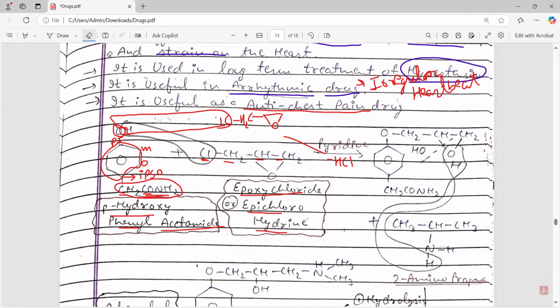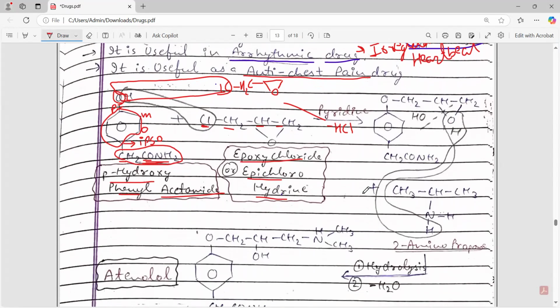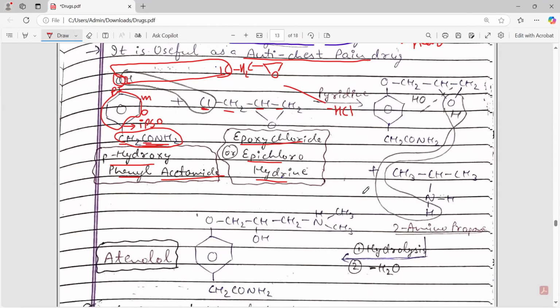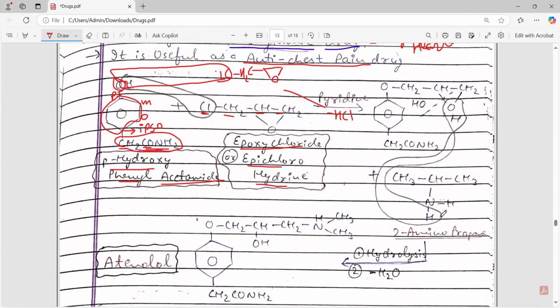The next step is that it is treated with 2-amino propane. First of all you have to write the 3 carbons, since propane has 3 carbons. 2-amino propane means the second carbon has an amino group, NH2.